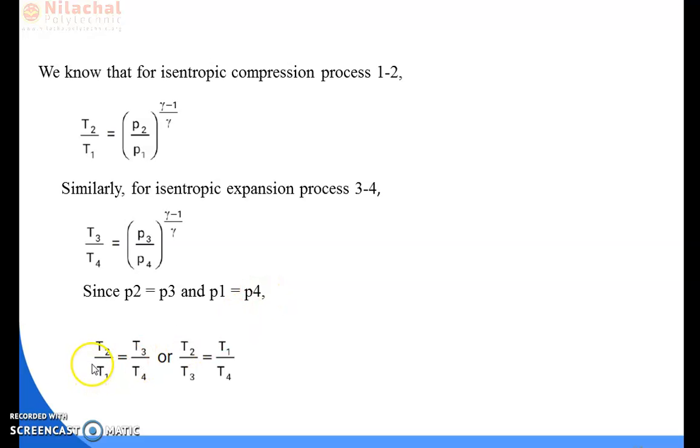Now if P2 = P3 and P1 = P4, the right sides are equal. If the right side of both equations is equal, then the left sides should be equal, then you will get T2/T1 = T3/T4. Now changing the equation, T2/T3 = T1/T4.